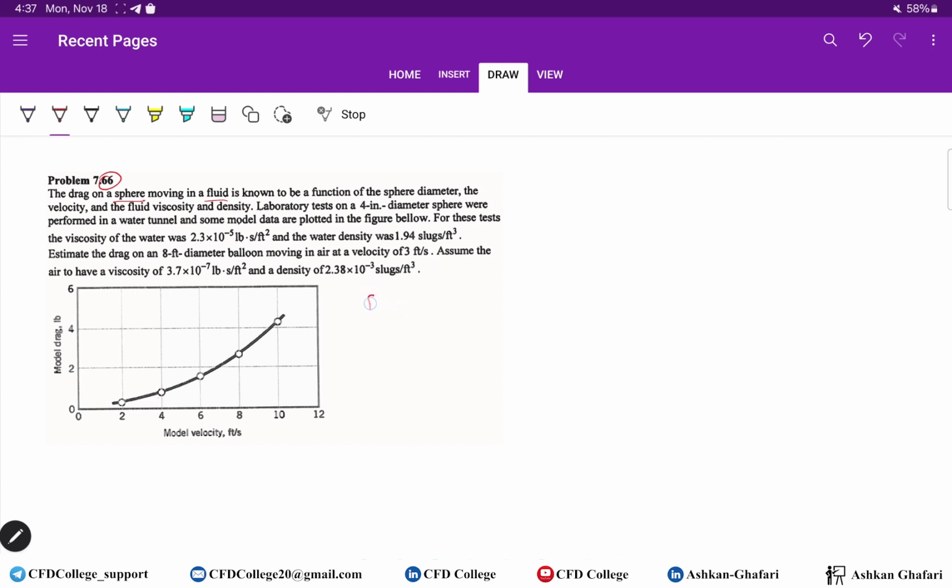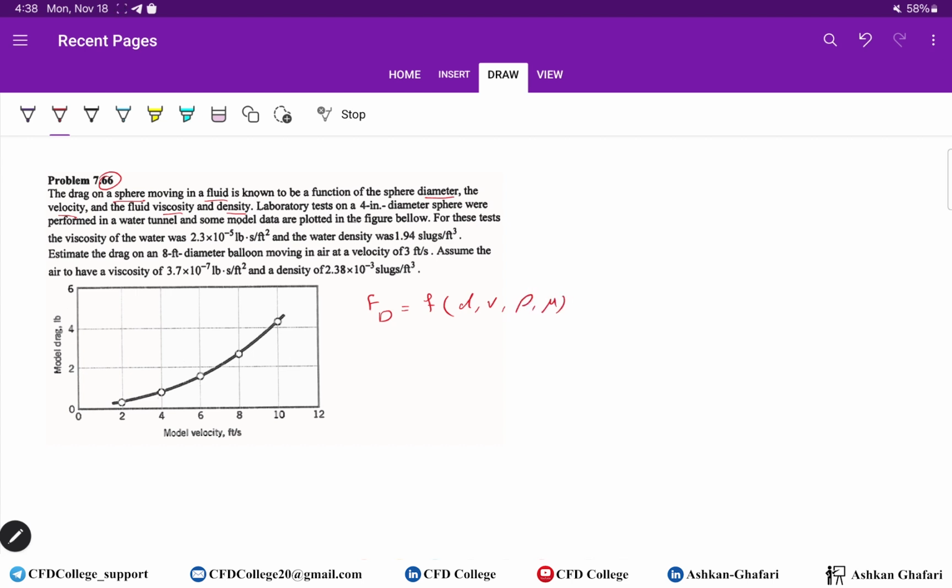Let's start with FD, drag force, is a function of sphere diameter, velocity, viscosity, and density. So FD is a function of diameter of the sphere, velocity of the fluid flow, and rho and mu.